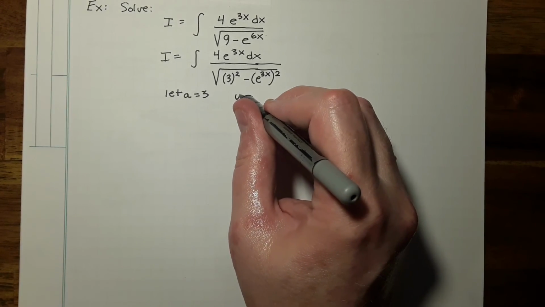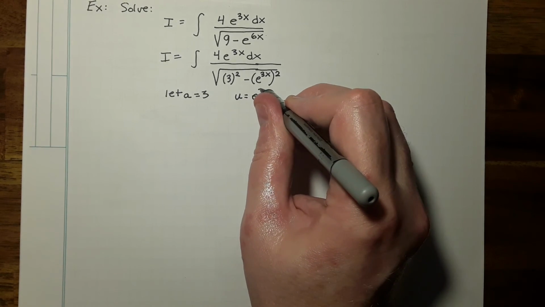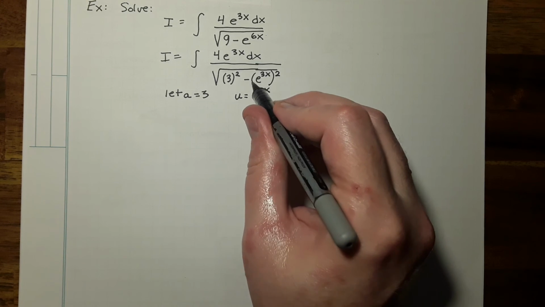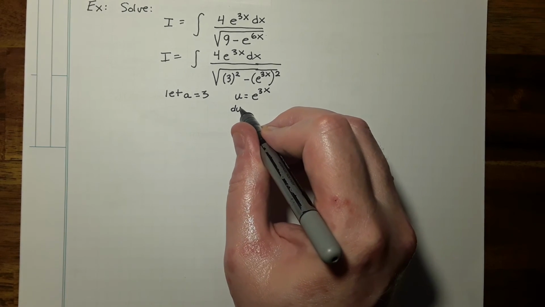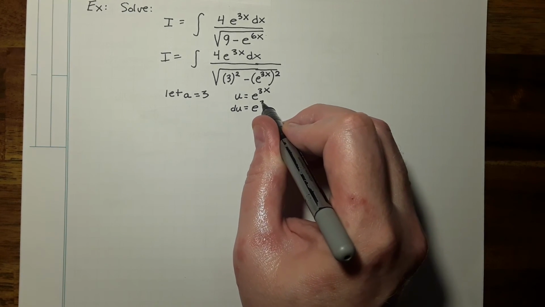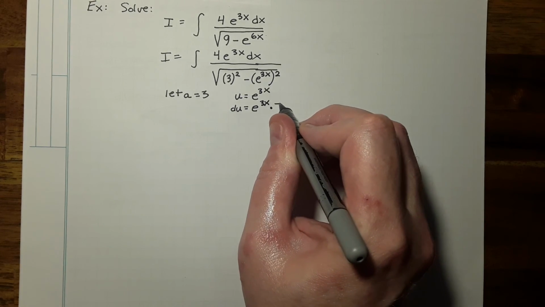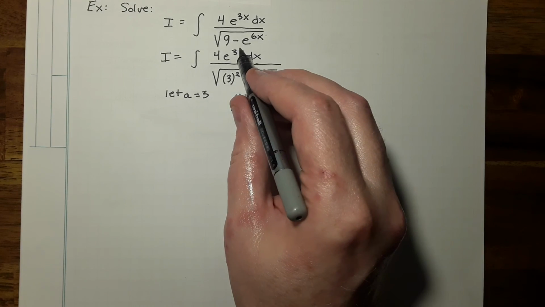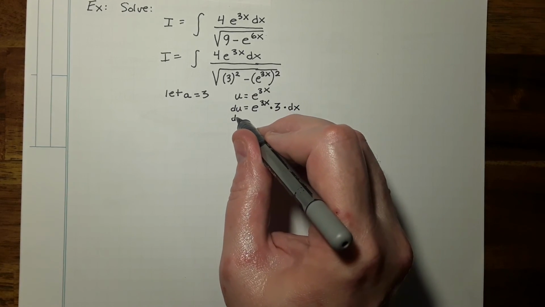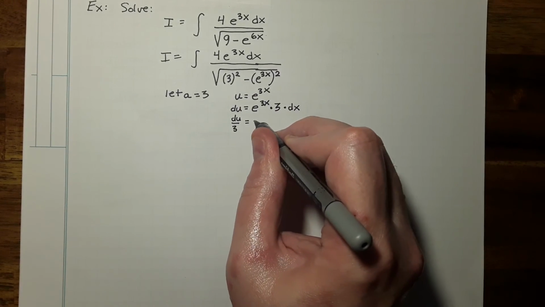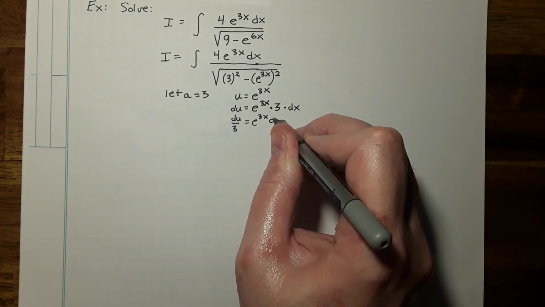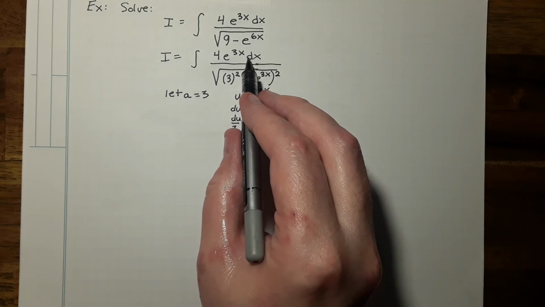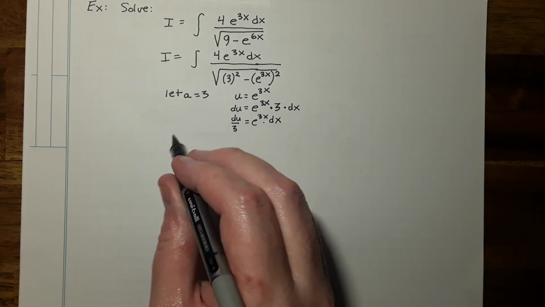And then I'm also going to let u equal e to the 3x, the e to the 3x that's in the denominator. The differential of e to the 3x is e to the 3x times 3 dx. But I've got e to the 3x dx by itself, so if I divide both sides by 3, I end up with a direct substitution. For my numerator, e to the 3x dx is replaced with du over 3.